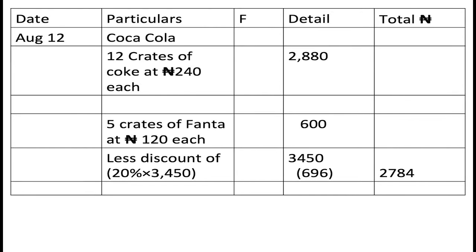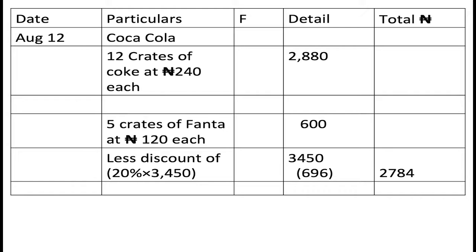We have the same format of opening a purchases daybook and a sales daybook, but the difference you will see as we go along. Now, this is our purchases daybook. Our dates, our particulars, our folio, details, and our total.